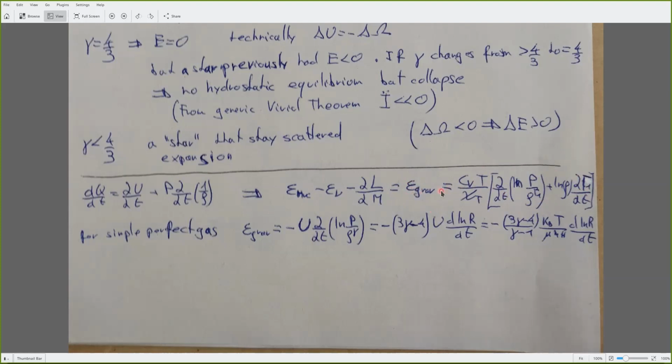It also means that if the star expands, it absorbs energy in the opposite way. If you consider a simple gas, you have this value. This depends on the adiabatic coefficient, but it's just for completeness. It's not necessary to remember a formula this strange.